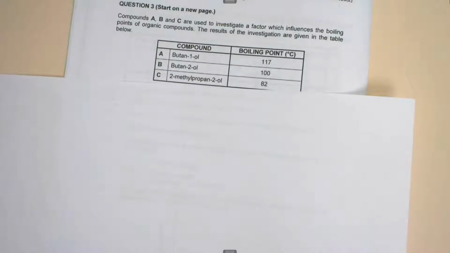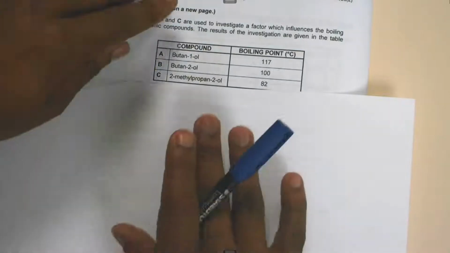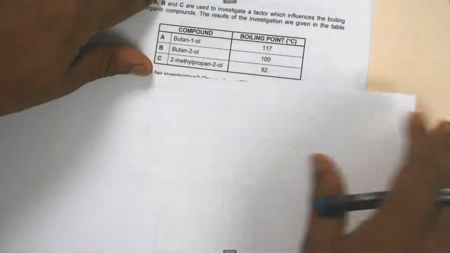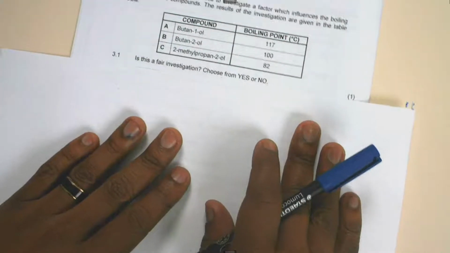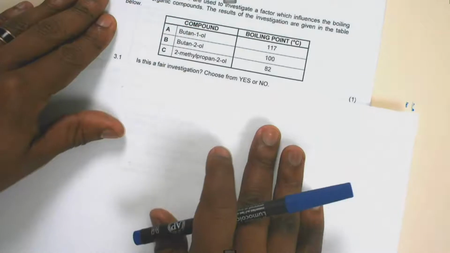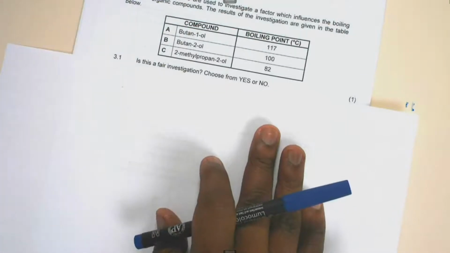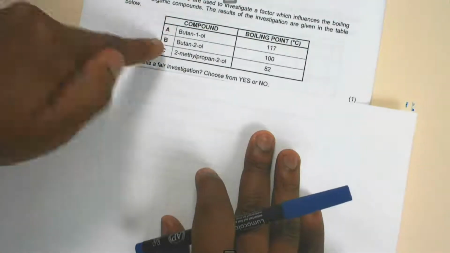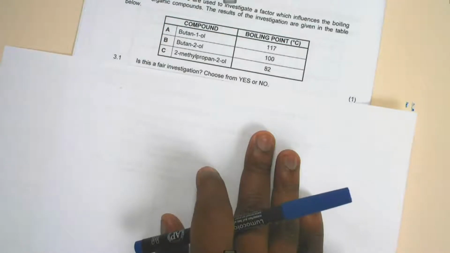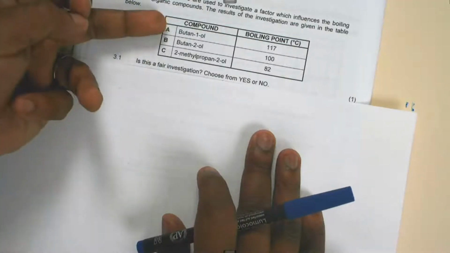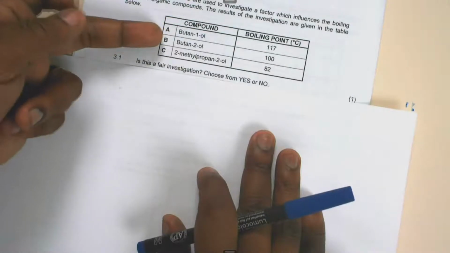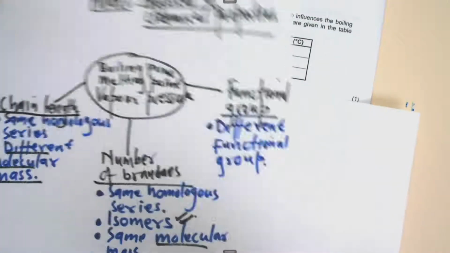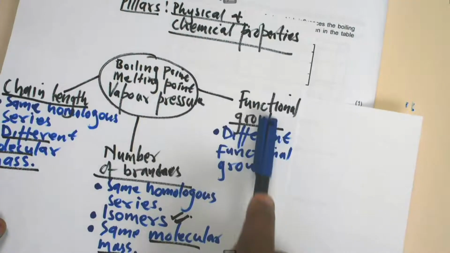So let's look at this question and we'll just try to answer a few. It says there, is this a fair investigation, yes or no? Definitely it's not, because we have too many variables that are changing. If you check at A and B, the position of the functional group is changing, so it is the functional group thereof, but only the position.